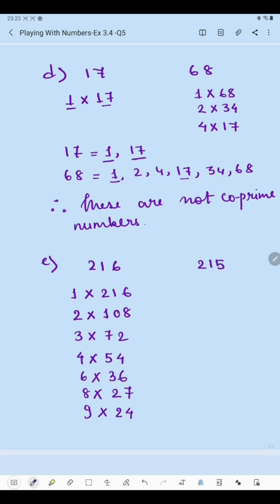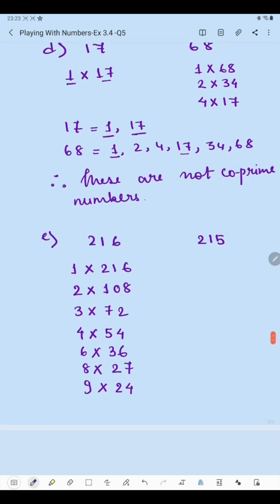Okay, after this 10. Now if you want to find the factors of 215, see 215 ones are 215. Now if you take 5, 5 fours are 20, 5 threes are 15. Okay, so here we can see that we have only 1 as a common factor, right?